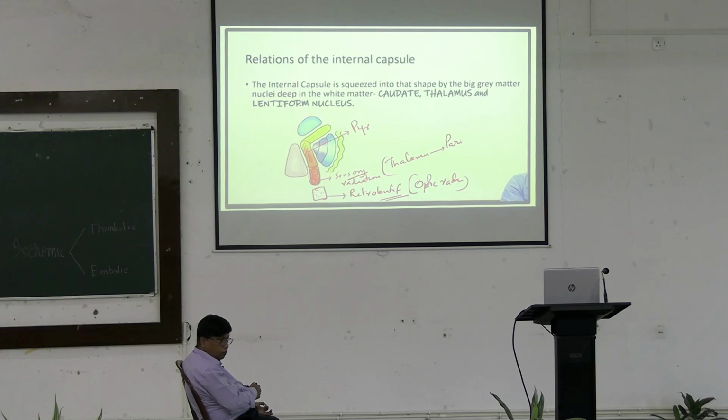So there will be three features: along with the motor system, the sensory features and also the disturbance in vision. Those three can occur together in some lesions.